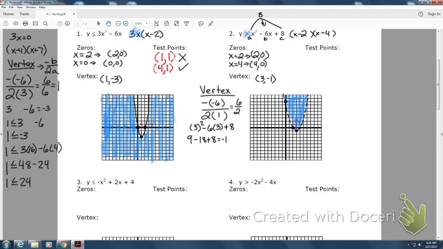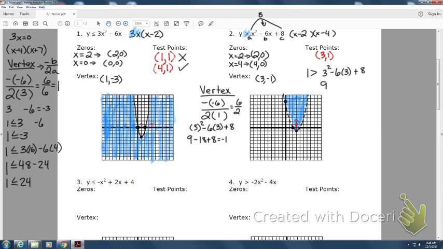Okay, so I've got that. I'm going to shade inside. And now I'm going to use the point (3, 1) to make sure that I did this correctly. I'm going to take that and plug it into the equation. I've got 1 is greater than 3 squared minus 6 times 3 plus 8.